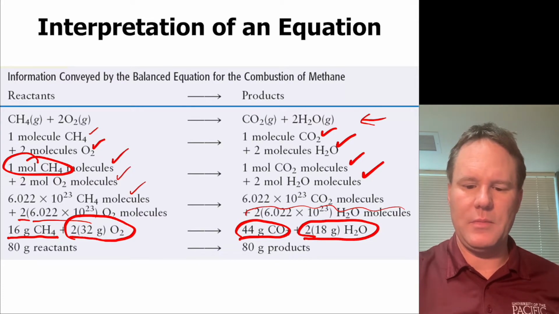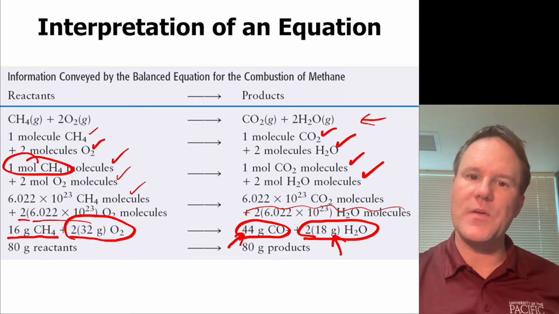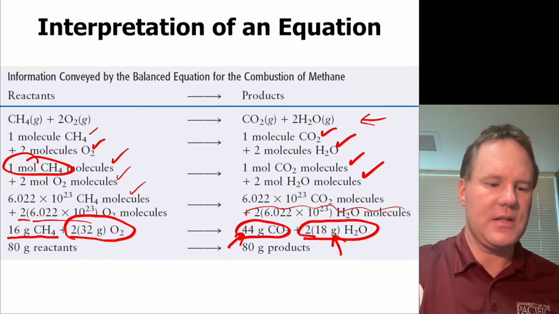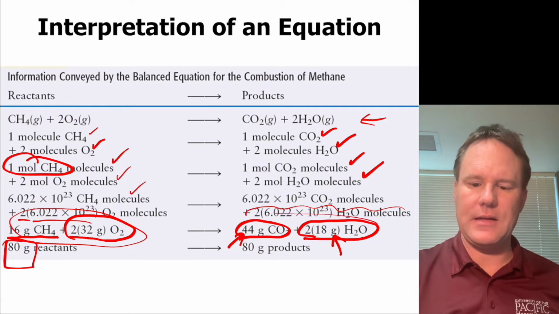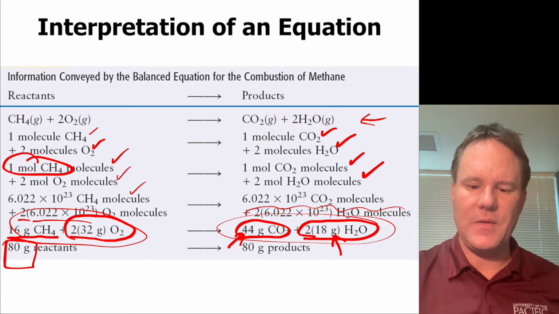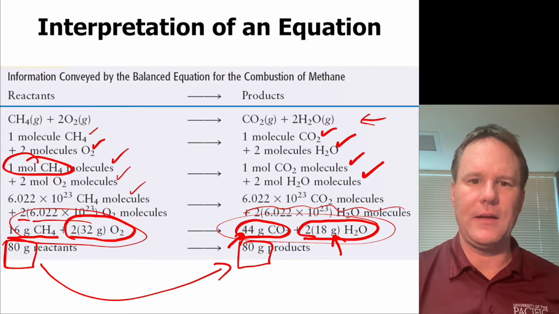These two numbers will be for 1 mole of CO2 and then 2 moles of water. It's also true, and then we can check that mass was not lost. If you add up these two numbers, you get 80 grams of reactants. If you add up these two numbers, essentially 44 plus 36, you also get 80. So from 80 grams to 80 grams, nothing was lost.